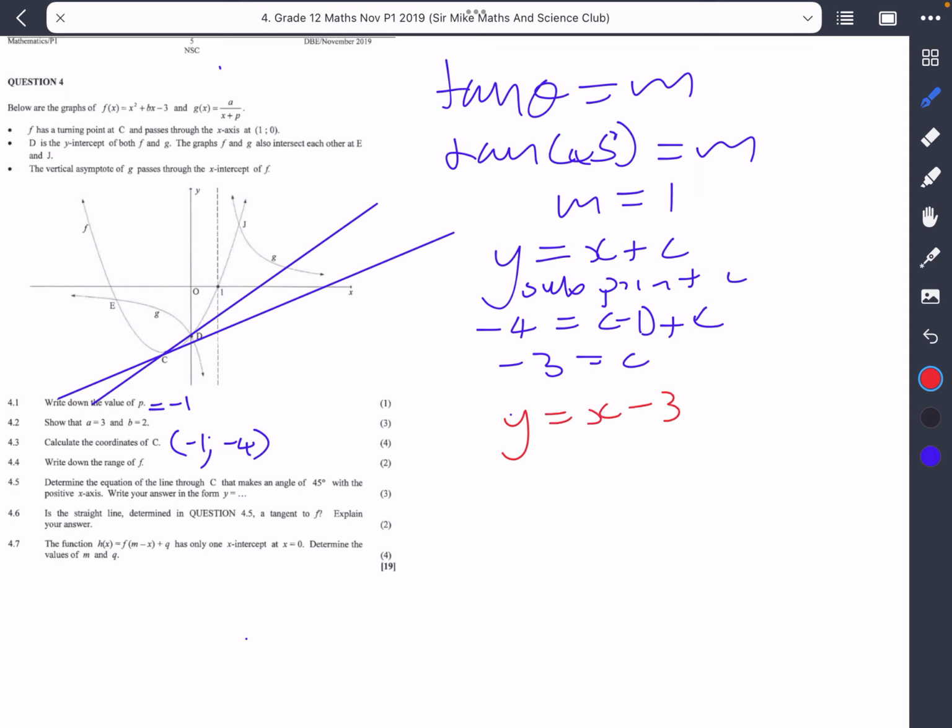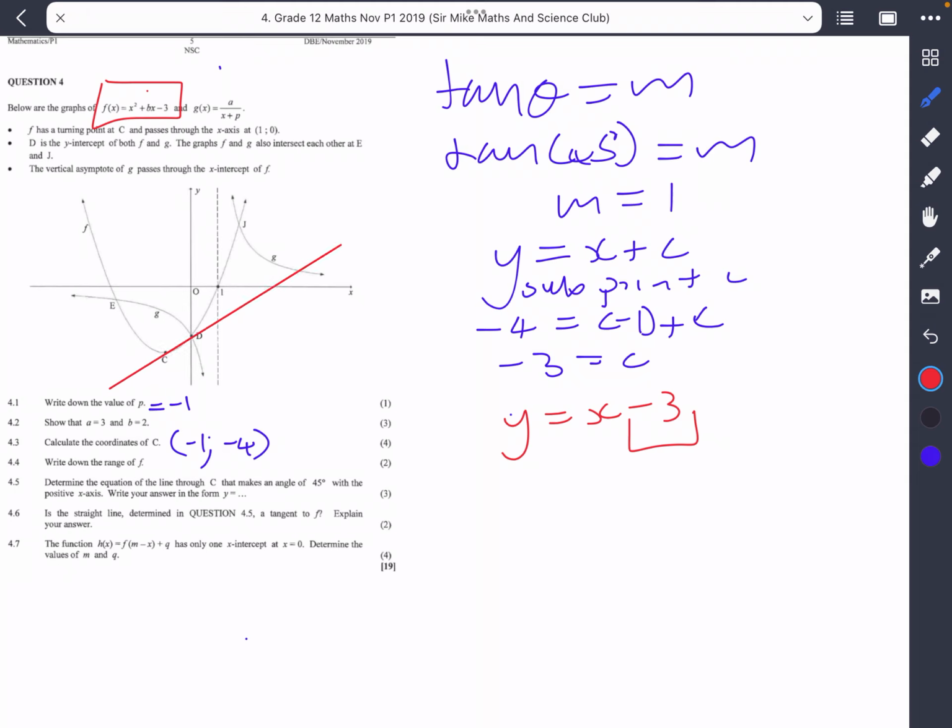Now remember that this graph also has a y-intercept of -3. Remember, the value of c represents the y-intercept, right? So in this case, this graph that I have here wouldn't make sense, right? Because that graph also passes through... Let me just erase and put another graph there. Maybe it will make a little bit more sense, right?